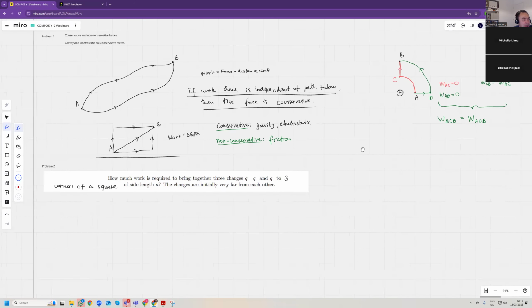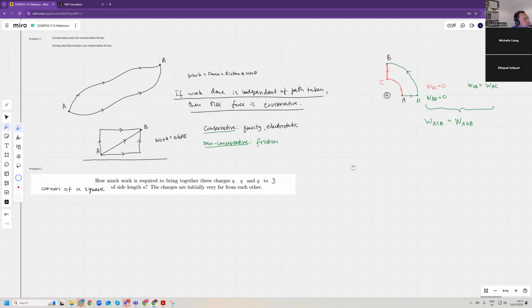And elastic potential is actually a conservative force, because the work done depends on just the extension. It doesn't depend on the path taken.